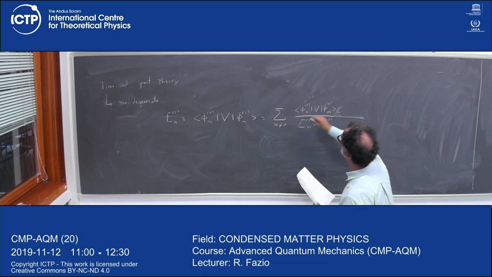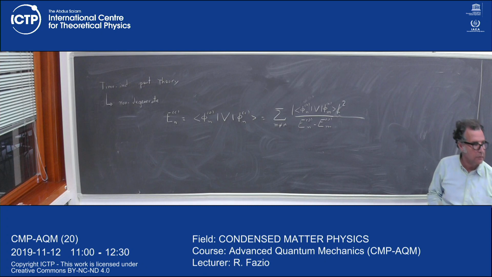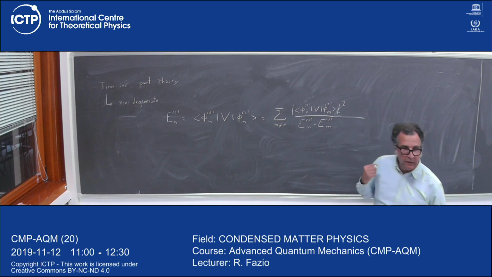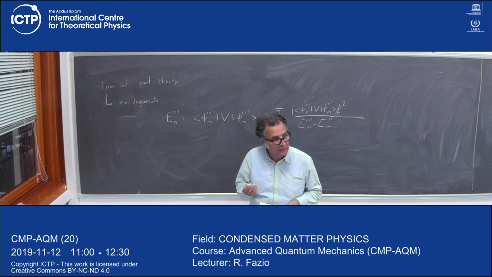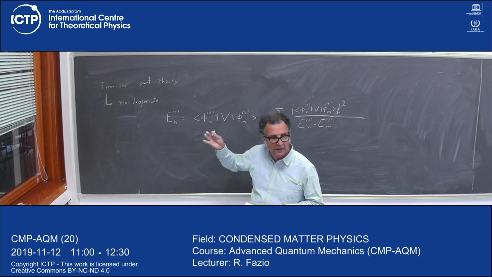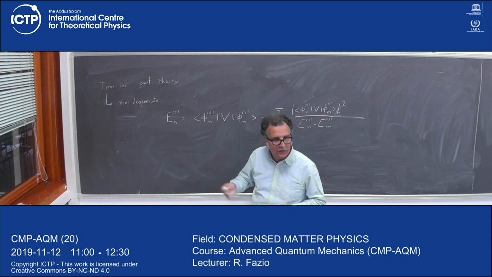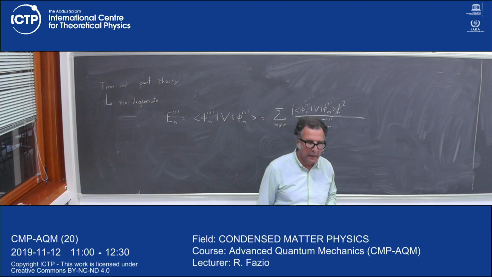Now, as I said before, E2n has no meaning by itself. The meaning is given by the sum of E0, E1, E2.